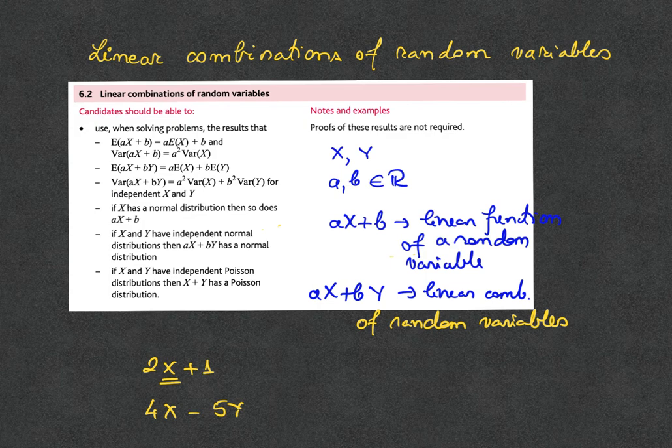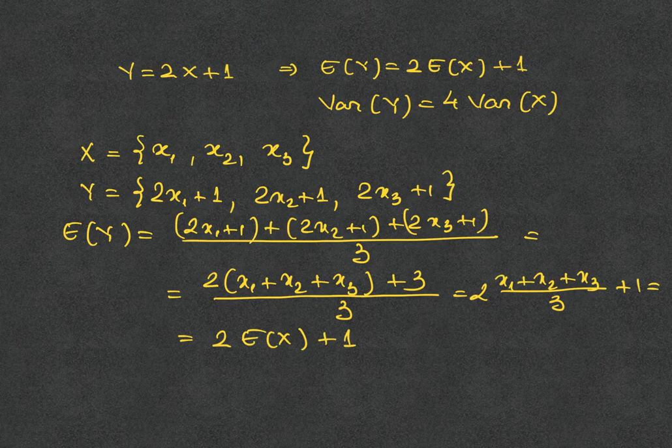In this lesson, we are going to look at linear functions of a random variable, and we are going to look at these 2 expressions here. So what happens with the expected value and the variance? Let's look at the expected value, and I start with a particular case to get an idea how this formula works. Let's assume x has 3 values, x1, x2, x3.